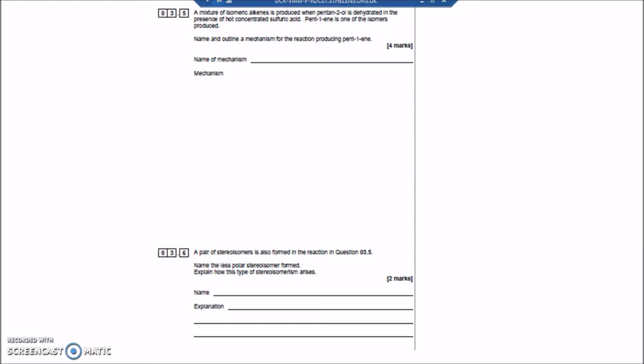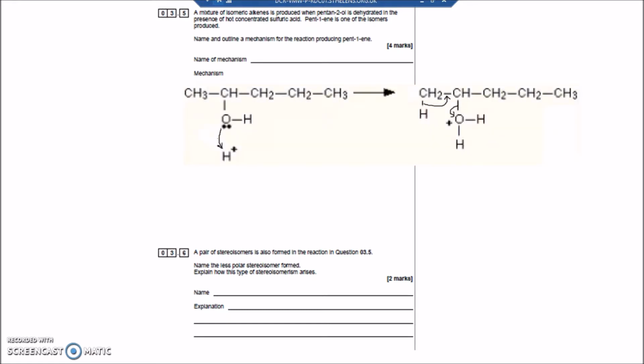Well, if I'm removing something like water, it's an elimination reaction. If I draw pentan-2-ol, 5 carbons in a line with the OH at number 2, I've got a lone pair of electrons on the O, which attacks H+, which is from the sulfuric acid. All acids make H+. The O bonds to the H, and the O gets the plus.